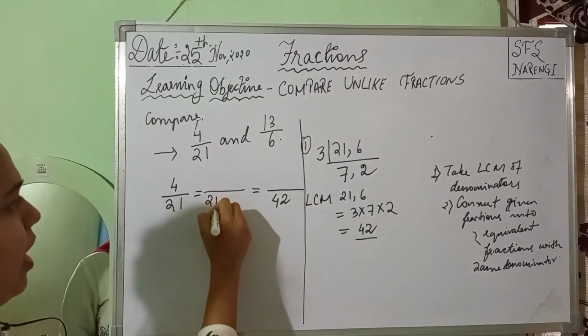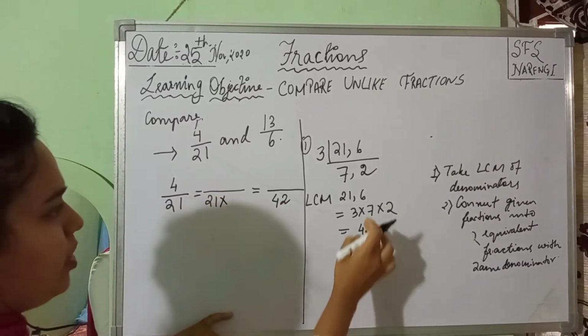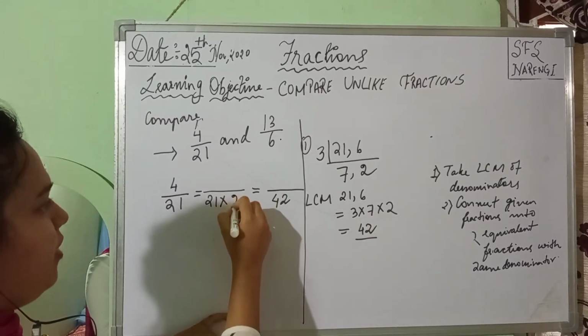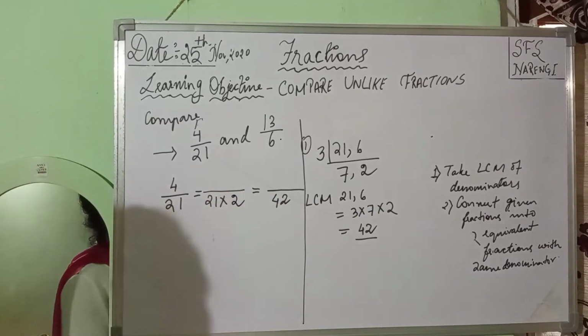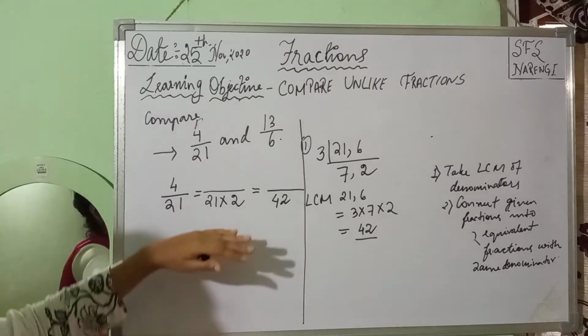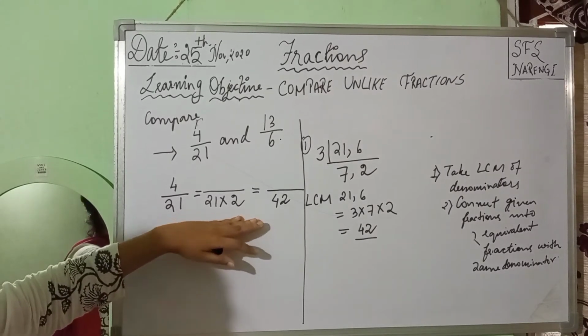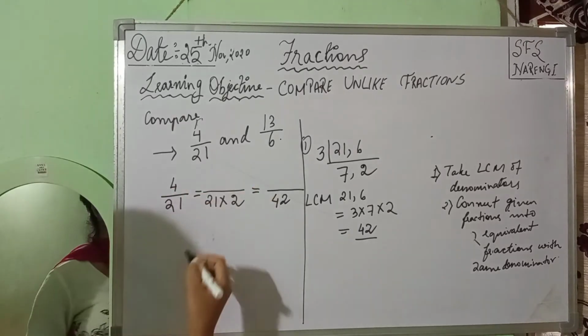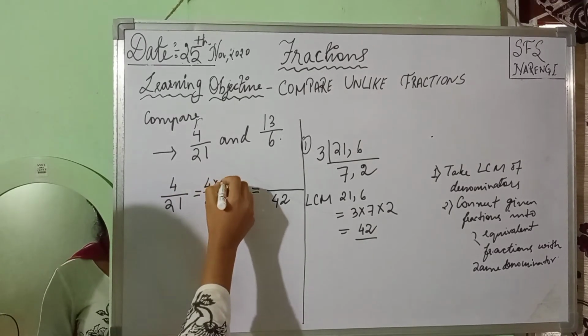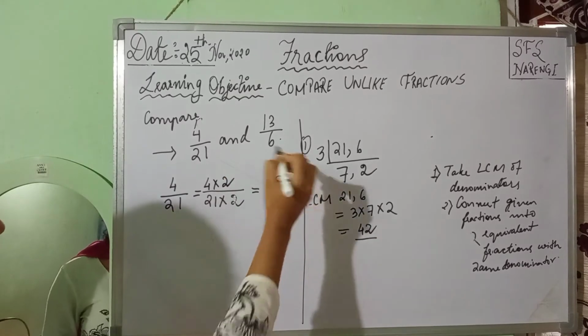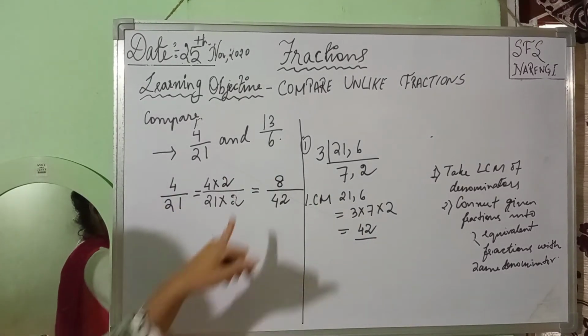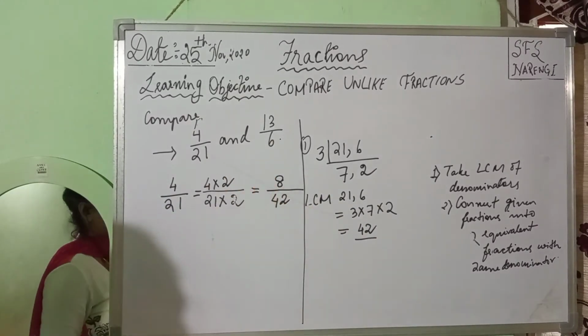So 21 multiplied by how much is 42? 21 multiplied by 2 is 42. Since I am multiplying the denominator by 2, I will also multiply the numerator by 2. So 4 multiplied by 2 will give me 8. So how much do I have? I have 8 by 42.